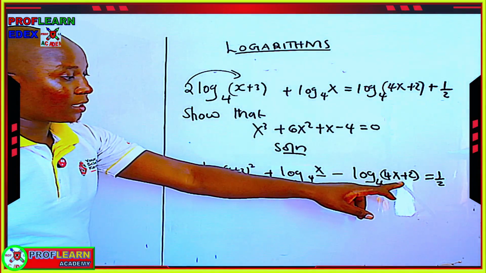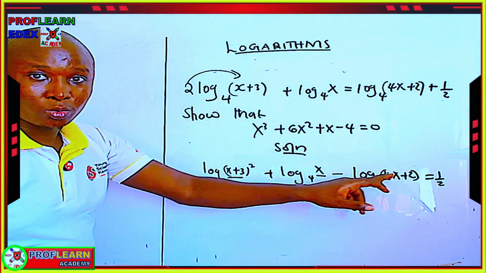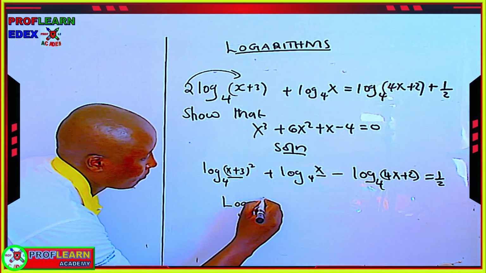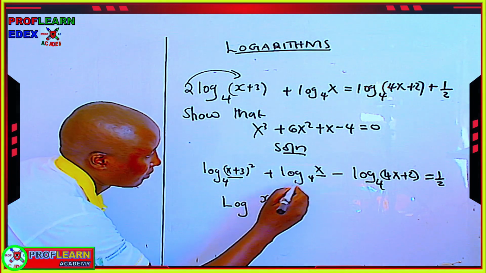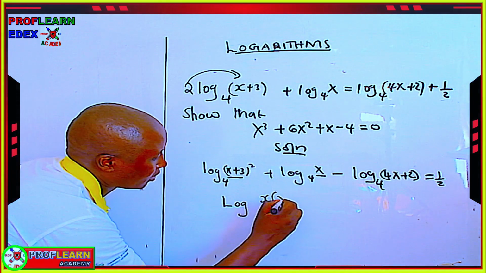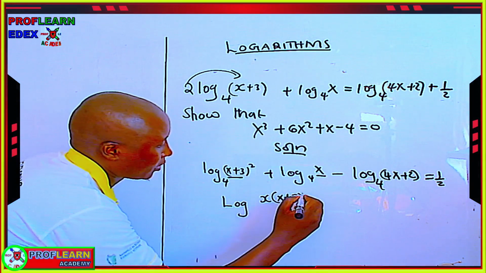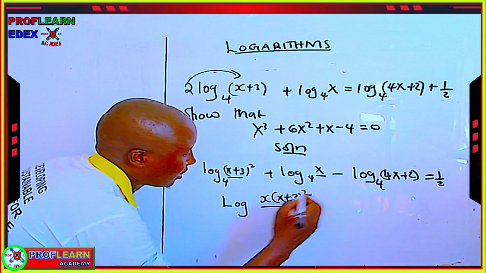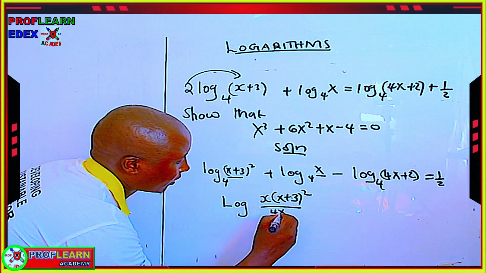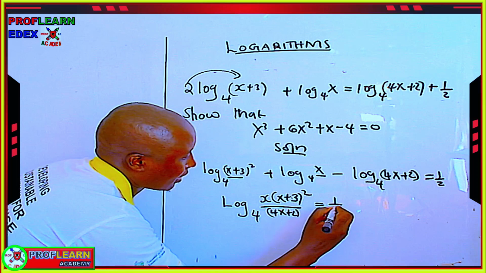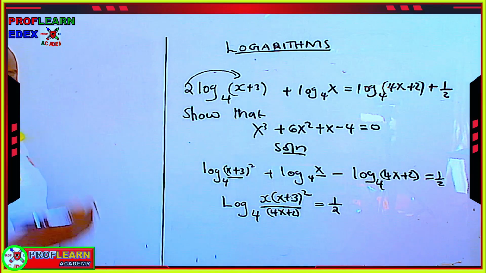And this one that is subtracted here, we are going to divide it. So this is going to simplify to log of x times x plus 3 raised to power 2 over 4x plus 2 base 4. The answer becomes a half.